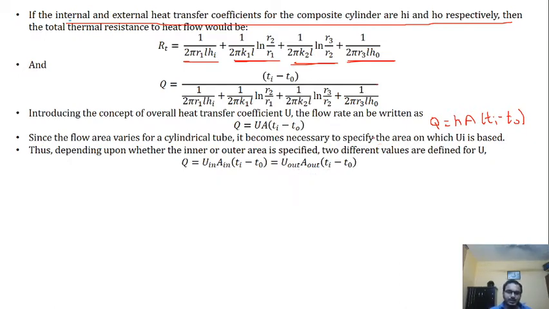So if you see, we have defined Q in two different ways. First is based on the inner area, that is U_in A_in (Ti minus To) is equal to U_out A_out (Ti minus To).